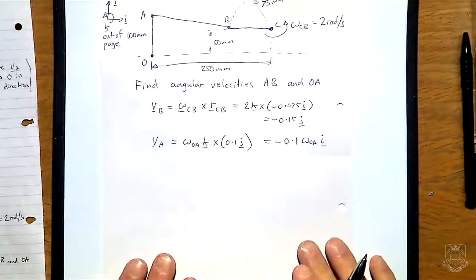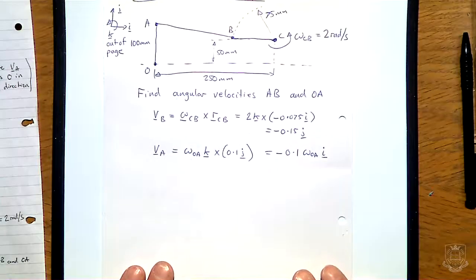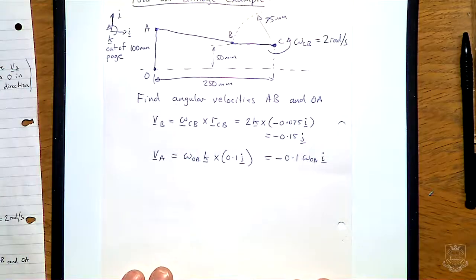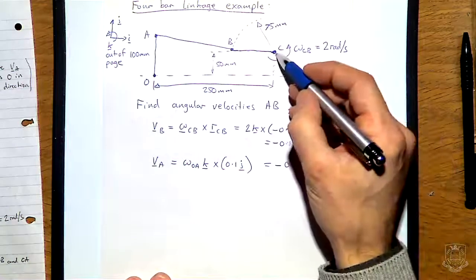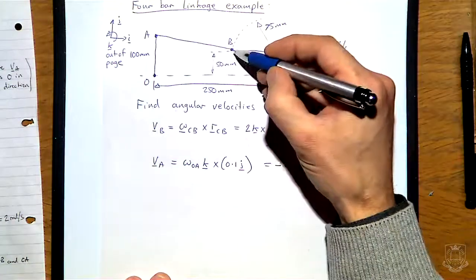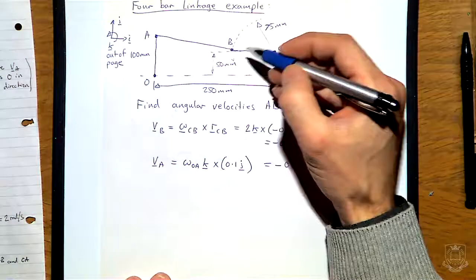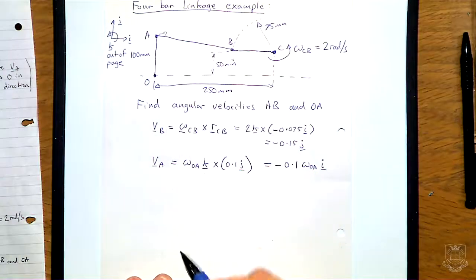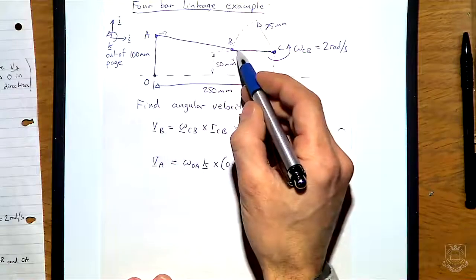Okay, and then I'm going to do the same thing that I did before. If I look at the logic of what's happening here, this thing is rotating in this direction, which means that point B is going to come down, and point A is going to move that way. I'm interested in this element AB. This is the only thing we haven't worked out so far.